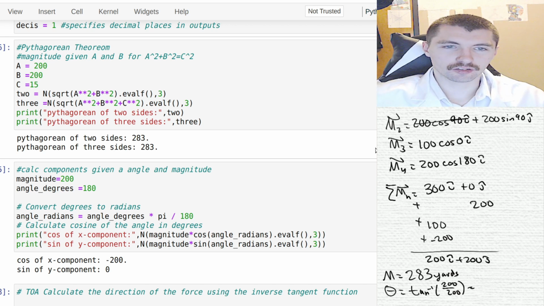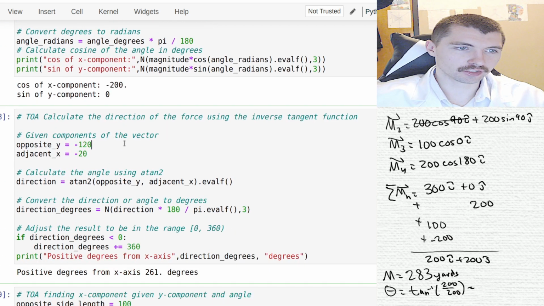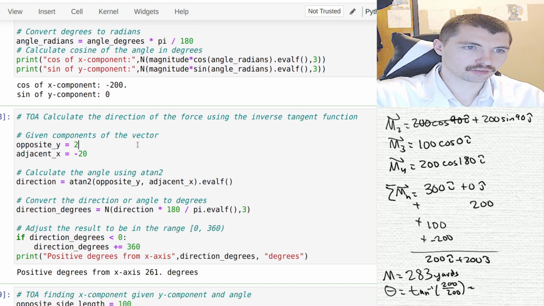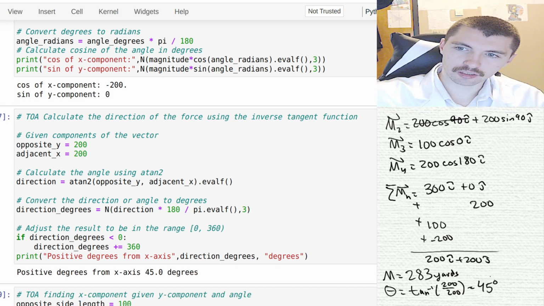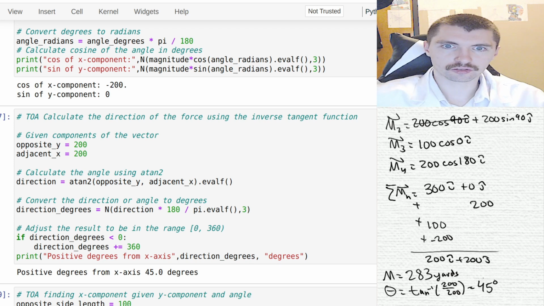I'm guessing this is 45 degrees. 200, 200, 45 degrees. Northeast.